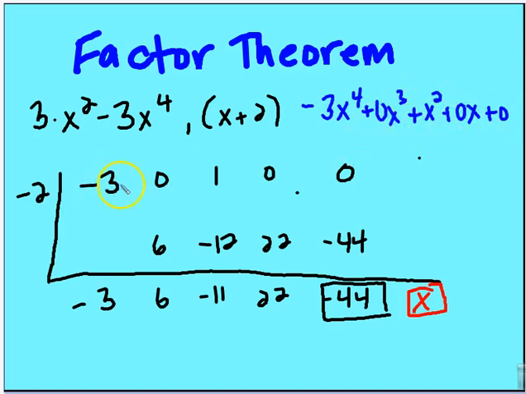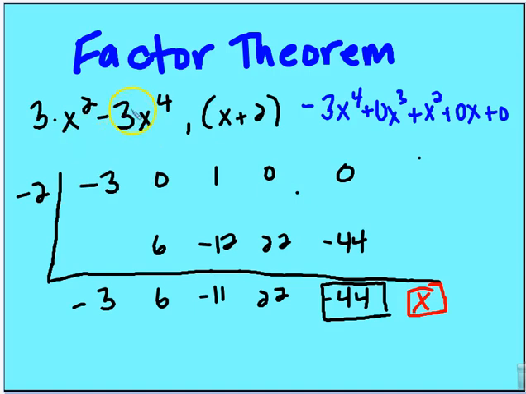That leaves us with these values: negative 3, 0, 1, 0, 0. I go through the synthetic division process, and we can see that the result is negative 44. So x plus 2 is not a factor. Negative 2 is not a root.